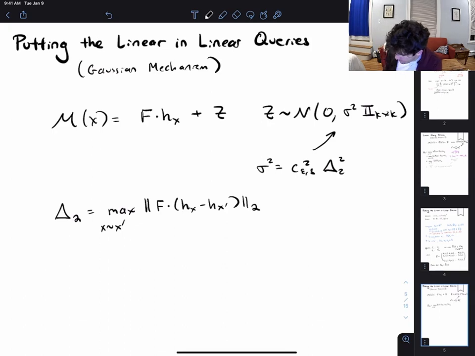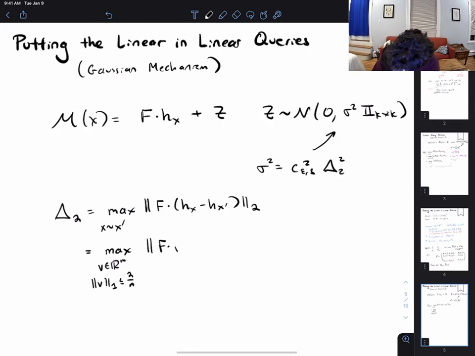All right, and as we said, these are two histograms that are 2 over n apart in the L1 norm. So this is just the product of a matrix and a vector whose L1 norm is bounded. So this is the max over v in R^m, such that the L1 norm of v is at most 2 over n, of f dot v.